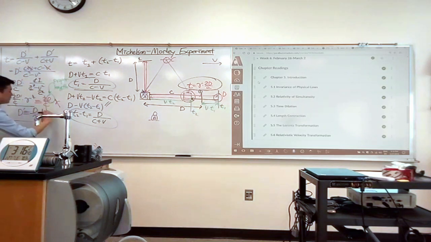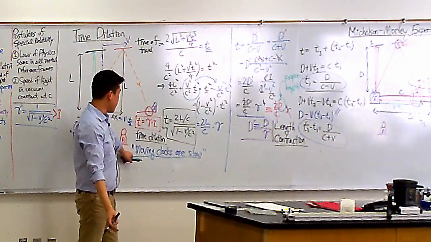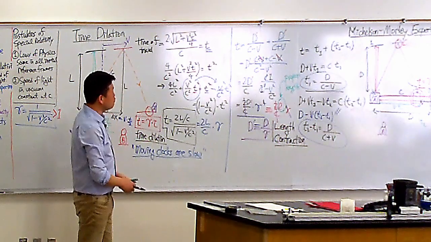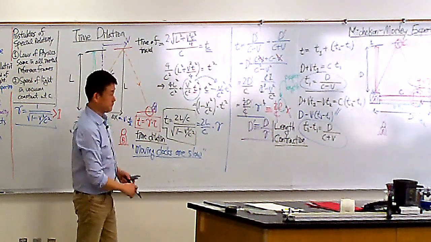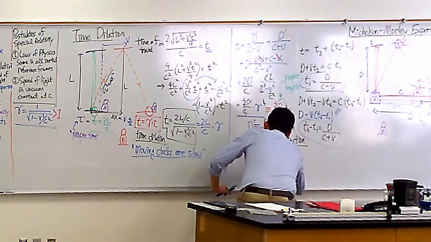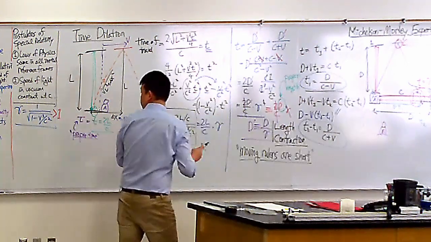For the sake of symmetry, let me end with a similar phrase to what we had for time dilation. For length contraction, we say moving rulers are short. Moving rulers are short. Good?